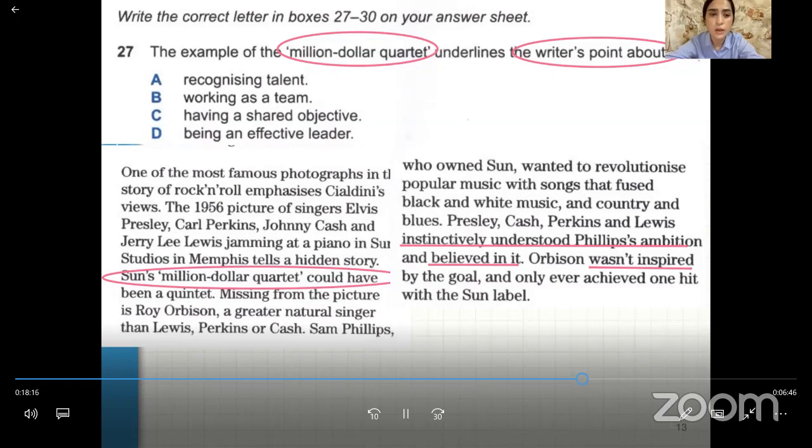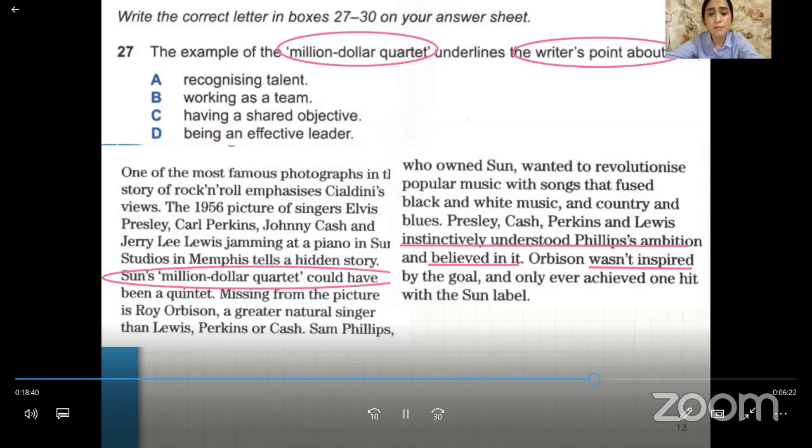So we see the point. There is this really great photo. It could be acquainted, but actually it is not. So there is one person missing in that photo. And our question was, I'm reminding you again, with the help of this photo, what is the message? What is the point the writer is trying to tell you behind it?